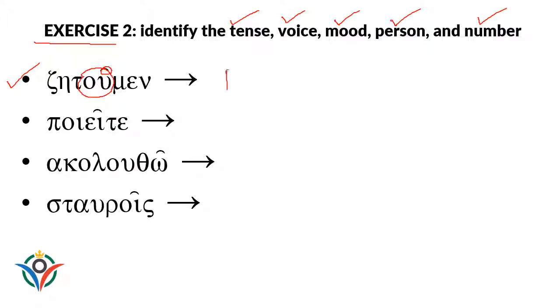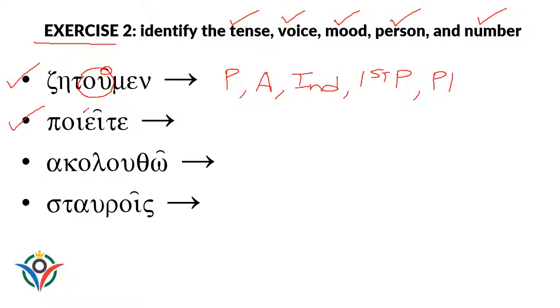So the tense is present, the voice is active, the mood is indicative, the person is first person plural. Okay, so we can parse this verb and therefore we can translate it. And just to let you know, we will be learning the vocab for each of these words shortly. The second one is poiete.